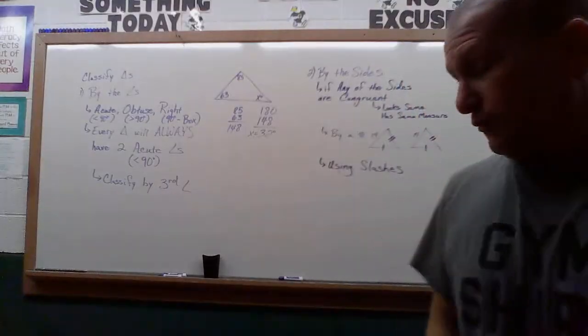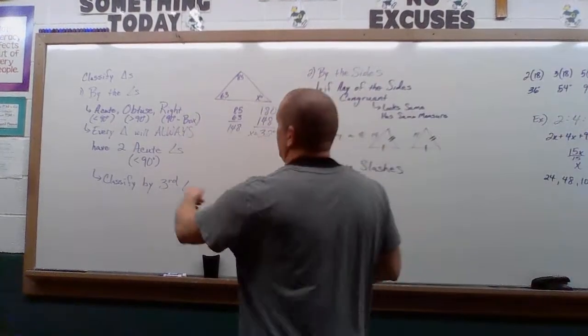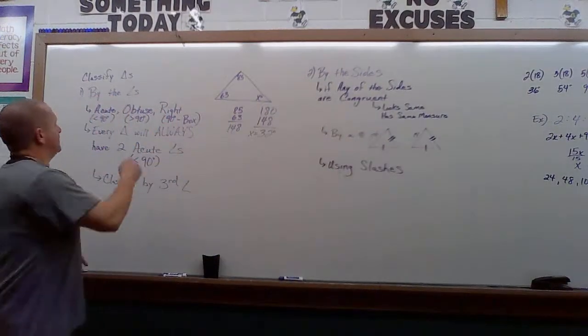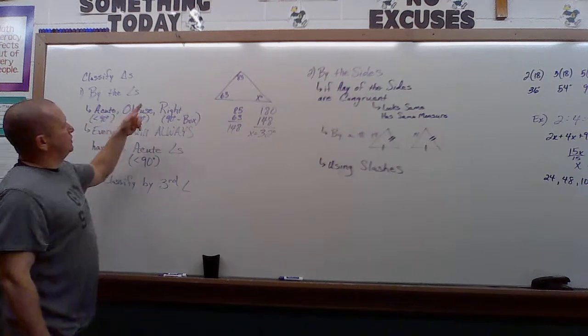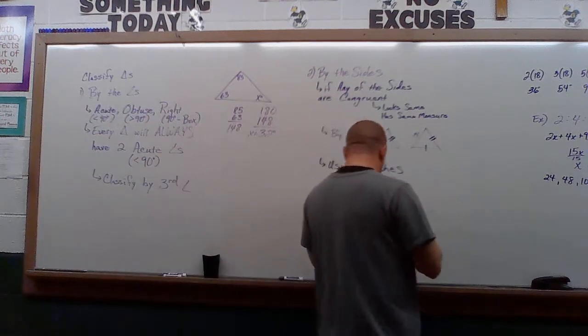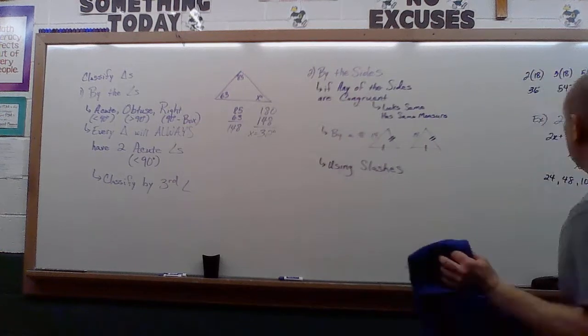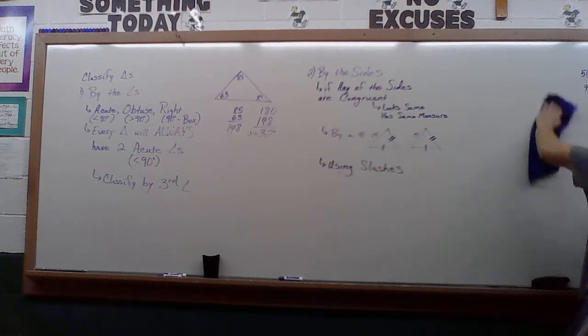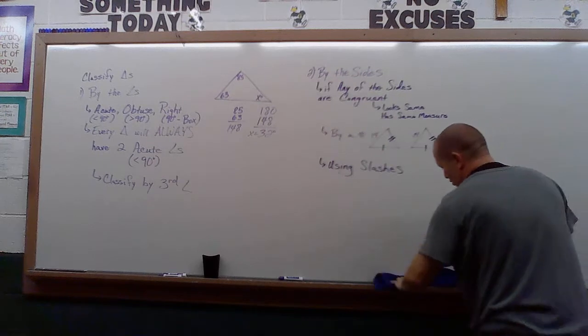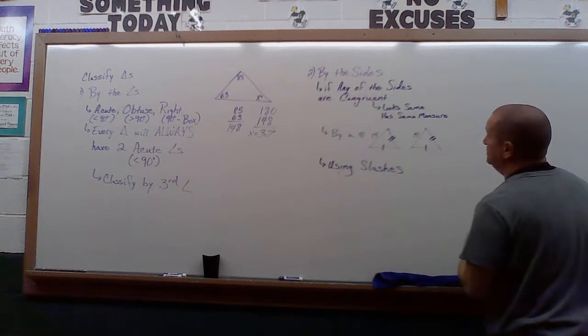All right? So from there then, we have 3 different ways, just like we did with the angles. So the angles were acute, obtuse, and right. Now we have if the sides are congruent or not. So these are words that you might have heard of.